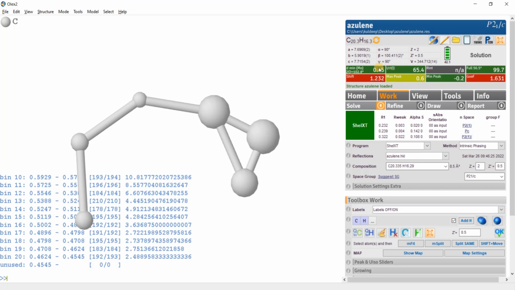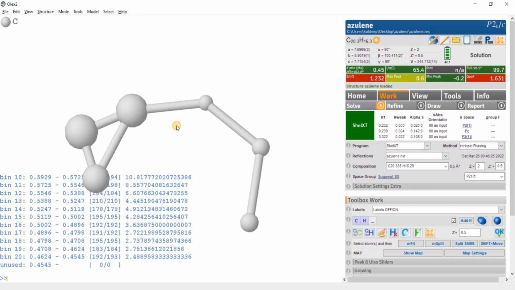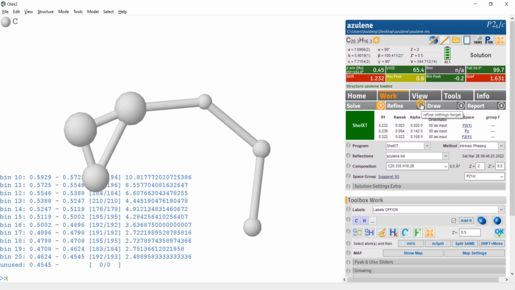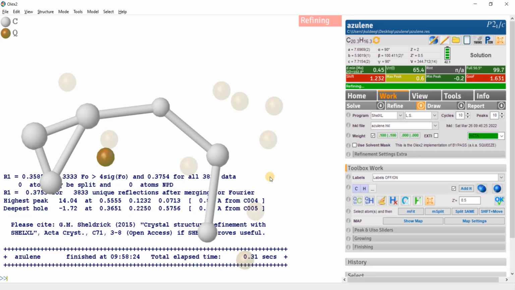So the data is of good quality, but we are not getting the structure from the initial solution. So what I have to do is just refine. I am applying the weighting scheme and putting ACTA on to generate the shape file, and I am going to refine it. Let's see what will happen.